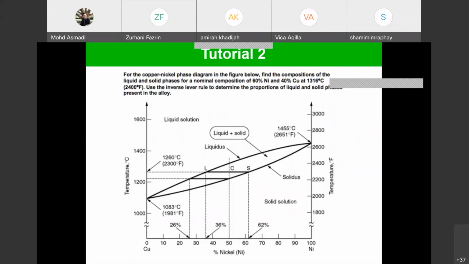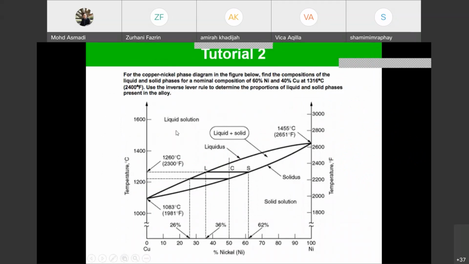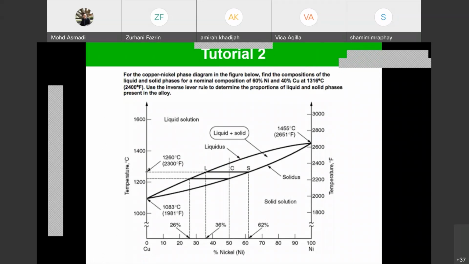Similarly, for the copper-nickel phase diagram below, find the composition of the liquid and solid phase for a nominal composition of 60% nickel and 40% copper at 1300 degrees C. So this is around here, 2400 degrees Fahrenheit.